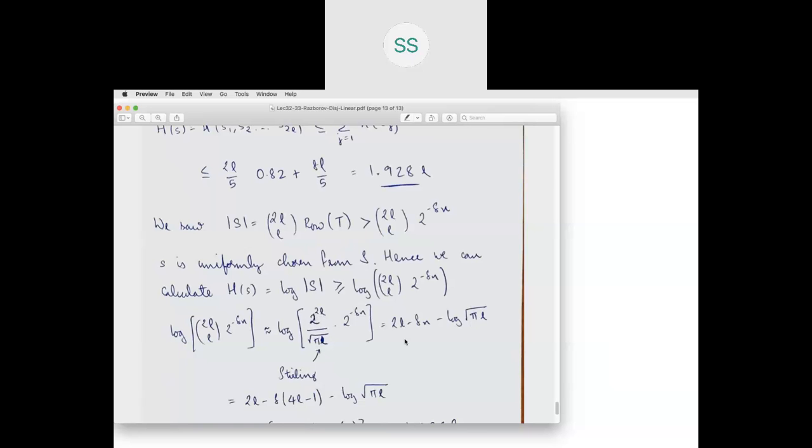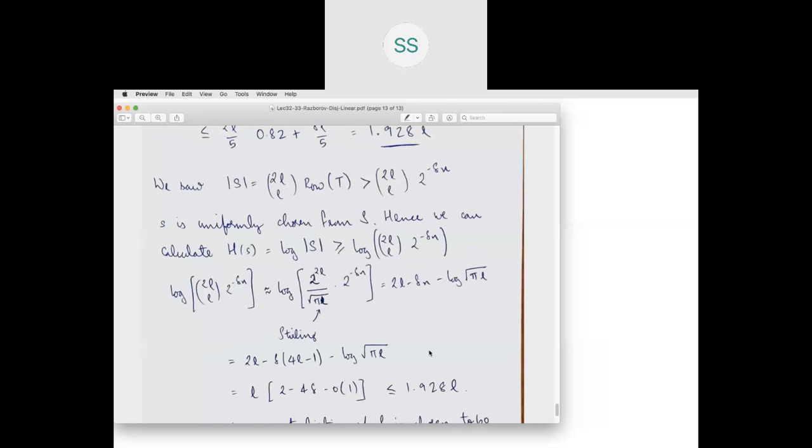We have seen enough exercises. For the power of 2, it's 2L minus delta n, and for the rest, it's minus log square root pi L.